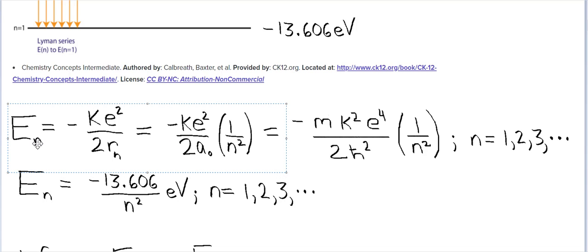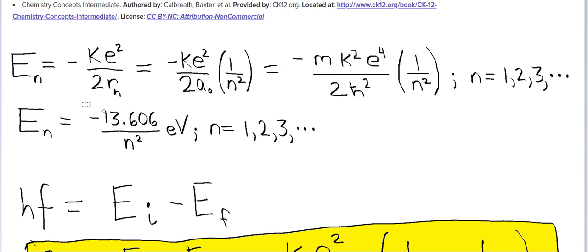You'll recall last time that we determined the energy level in the Bohr hydrogen atom such that ultimately it went as either minus k e squared over twice a naught divided by n squared, where n is some positive integer, or it's minus the mass of the electron times k squared times the charge of the electron to the fourth divided by twice h bar squared, and then that divided by n squared again, where n is a positive integer.